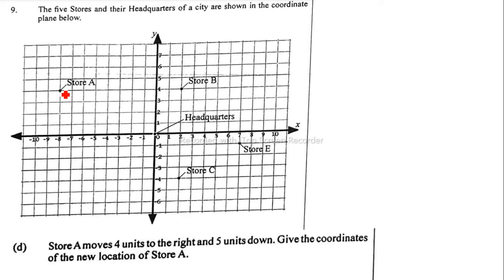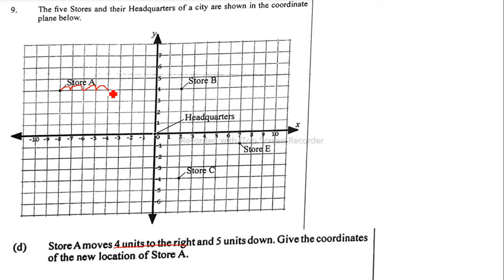So it's going to be 1, 2, 3, and 4. So that's 4 units to the right. Again, 1, 2, 3, and 4. And then 5 units down.